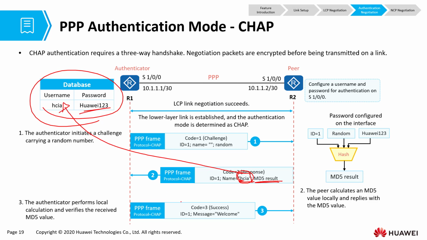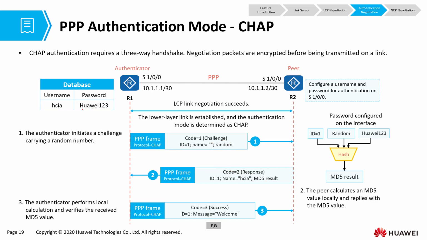After getting that, it's going to get hold of the random number that it sent, and also the ID that it sent, and use them by itself to create its own MD5 result. After getting its own MD5 result, it compares it with the MD5 result that came from the peer, and if they match, then authentication succeeds. If they don't match, authentication does not succeed.